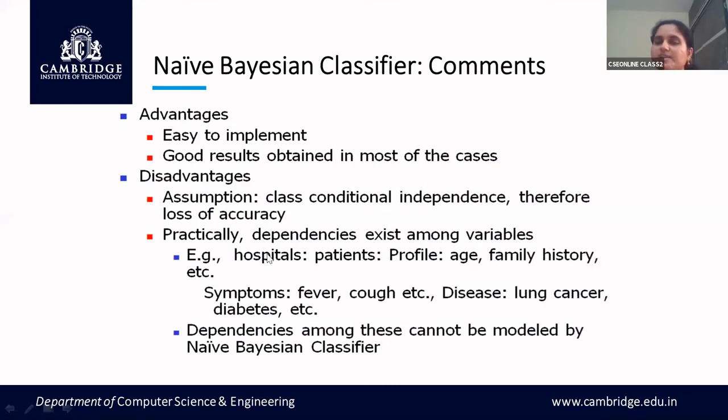Your naive Bayes classifier cannot be applied for independent variables. It can be applied only for dependent variables in order to find their cause and effect. Dependency can be easily modeled. If there is no dependency between the attributes, then you cannot apply your Bayesian classifier. So some kind of dependency should exist between the attributes.